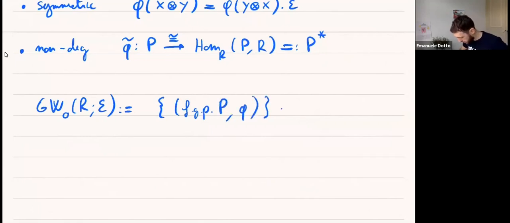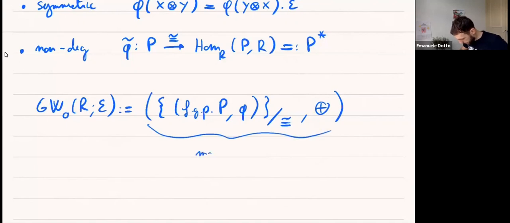And I do exactly the same thing. I take isomorphism classes. This forms a monoid under direct sum. And I can take its group completion. This is called the Grothendieck-Witt group, or zeroth.